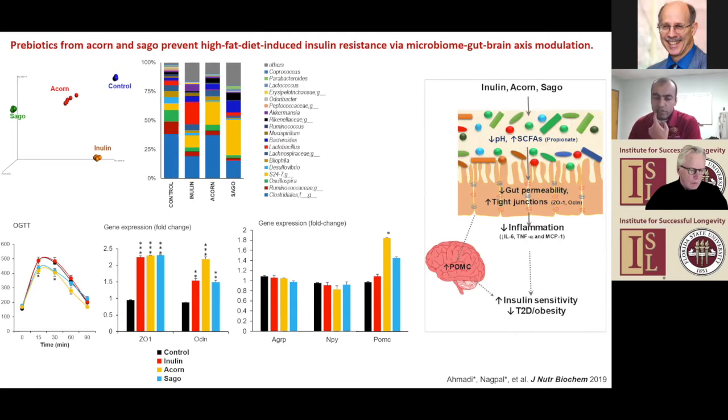And what we found was that these prebiotics reduce the pH of the fecal matter, and then increase the short chain fatty acid levels in the gut. We found specifically propionate and butyrate levels were significantly higher in these mice.